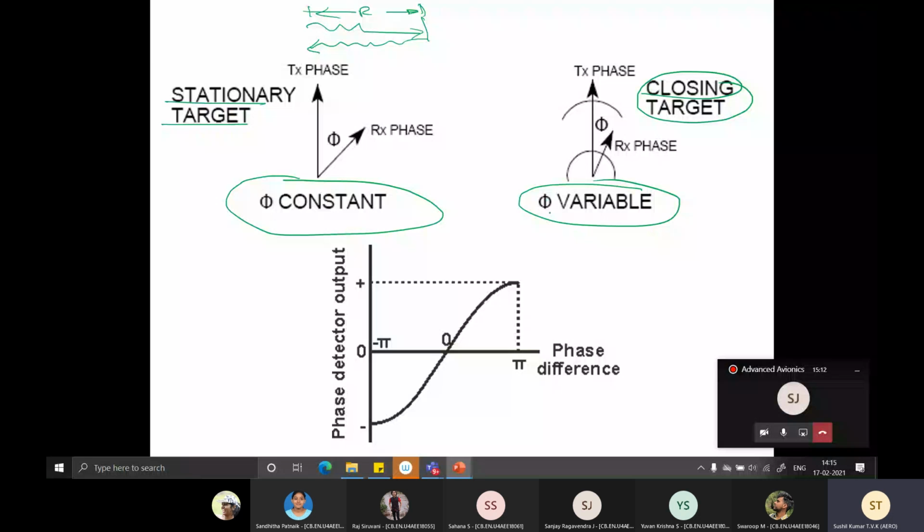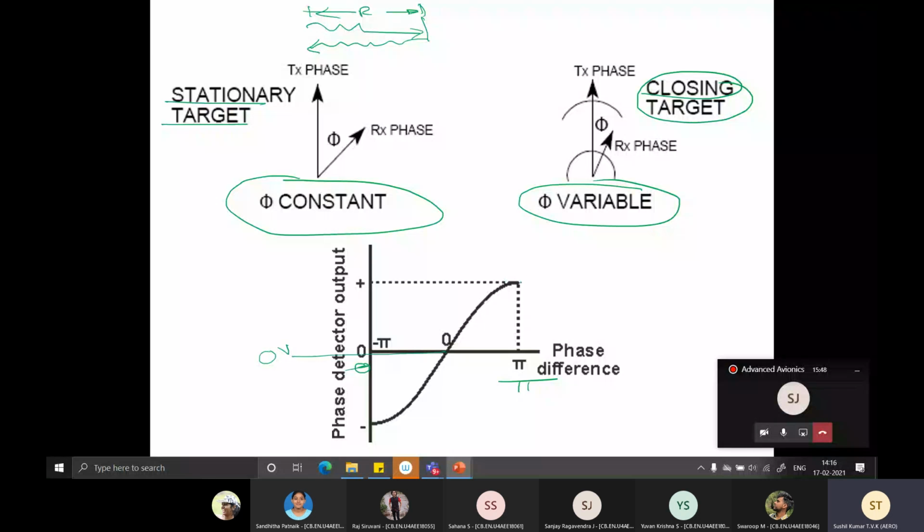And if we can feed this information into a box called the phase detector, whose transfer function is something like this. You have a phase difference between 0 to pi, and then pi to minus pi, because the other way is also possible. It can be a receding target. So at 0 phase difference, it gives 0 volts.